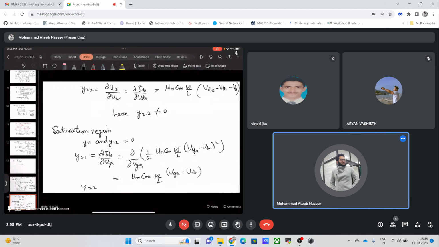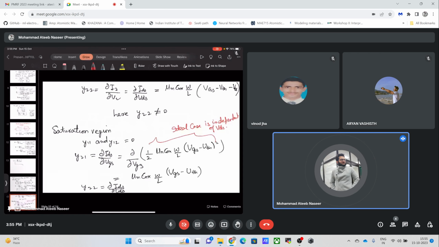Y22 is simply dIDS by dVDS, and it is clear from this equation, considering the ideal case only, that it is independent of VDS, with no channel length modulation.